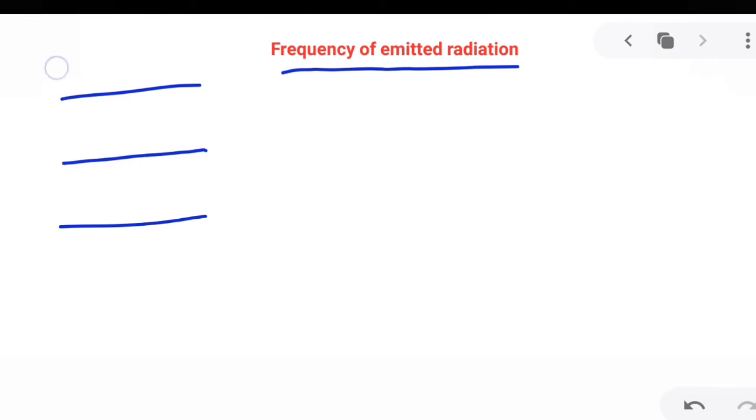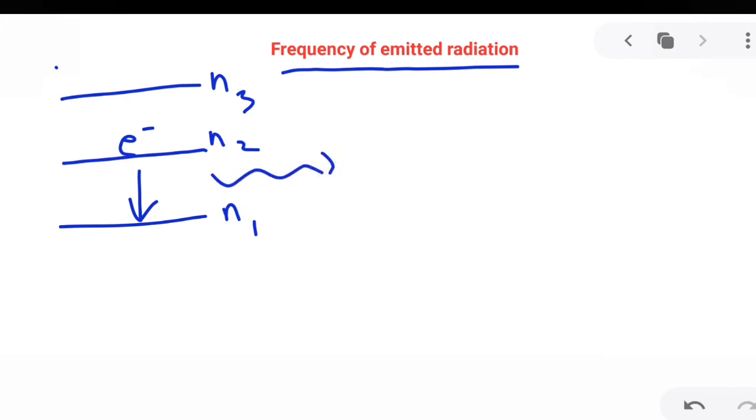So next, let us see the topic of frequency of emitted radiation. Now suppose these are the various energy levels: this is n1, this is n2, this is n3, and so on. Now suppose an electron from energy level n2 makes a transition to energy level n1. Then a photon will be released.